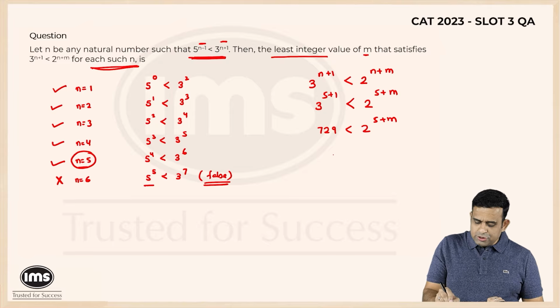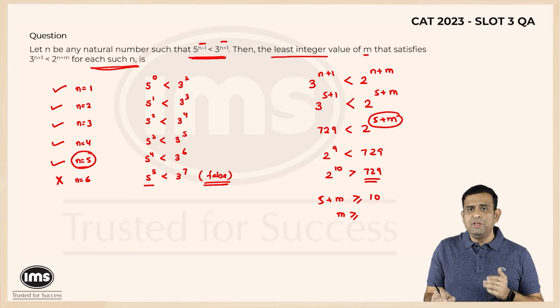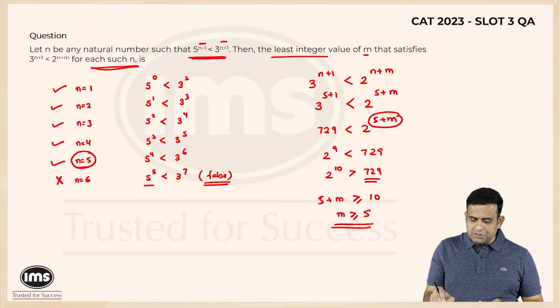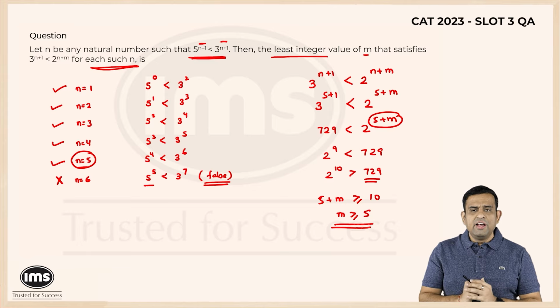In that particular case, 2 power 9 is less than 729, but 2 power 10 is more than 729, which means my power over here, 5 plus m, needs to be minimum 10. So the value of m must be greater than or equal to 10 minus 5, which is equal to 5. So the smallest integer value of m in this particular case happens to be 5, and that is the answer for this particular question.